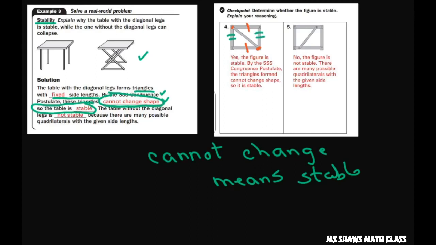And by the reflexive property, this is the same. So since it cannot change shape, it is stable. However, this one, the sides aren't congruent. We're talking about quadrilaterals versus triangles. And so basically, more stable means triangle.